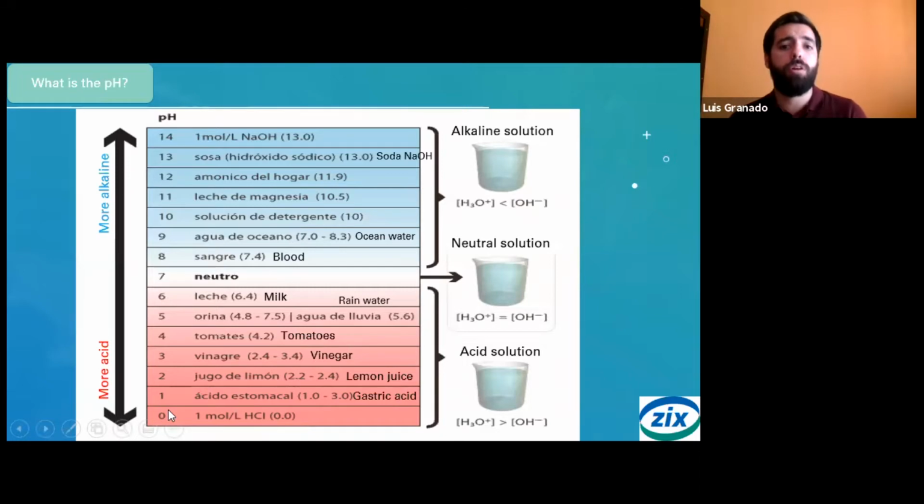But we have some other acid substances like lemon juice. You can see that it has a pH between 2.2 and 2.4. Vinegar, milk, the blood, which is already slightly alkaline with a pH of 7.4, which is very stable. And the sodium hydroxide, which is the caustic soda, and it is the most alkaline substance, all right?